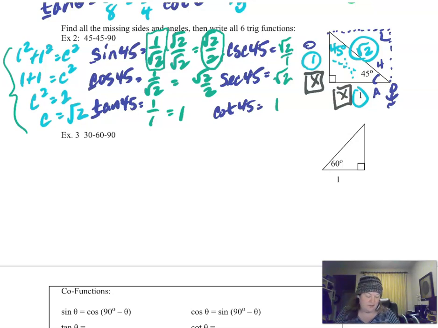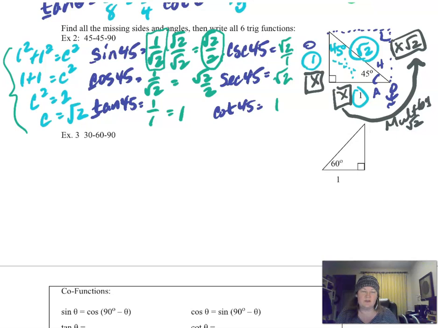And then to get over here to the hypotenuse, it's always going to be x times square root of 2, meaning I take the short side, follow the arrow, and multiply by square root of 2, and I'll get the hypotenuse. So that's kind of like a shortcut memorization trick. That also means if I go against the arrow, if I knew the hypotenuse, I could find the sides by dividing by square root of 2.